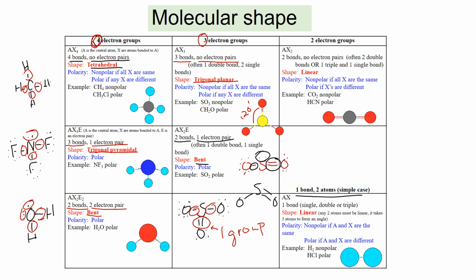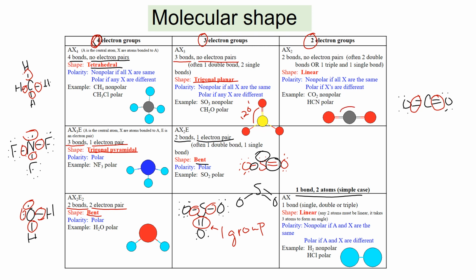Let's consider carbon dioxide. We did this dot structure, and it looked like this. If we identify our electron groups, our central atom is carbon. It has this double bond and this double bond. So it has two electron groups. The best way for two groups to get as far away from each other as possible is a linear shape.